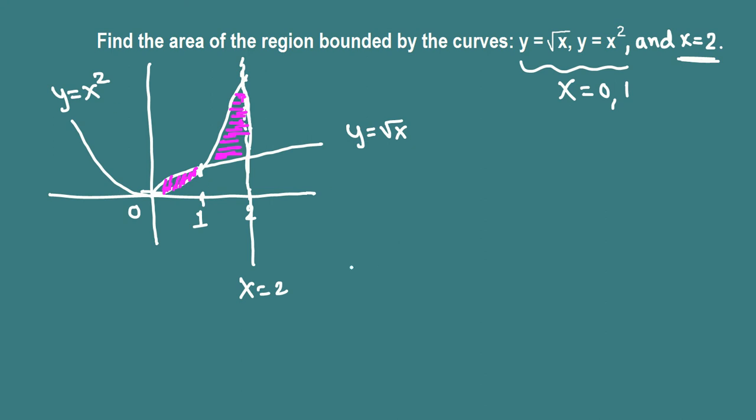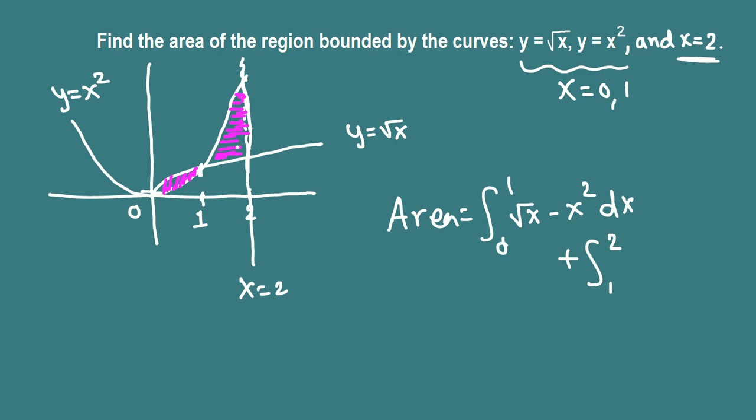Then we find the area in this way. First we go from 0 to 1, upper curve in this domain is square root of x, minus lower curve, which is y equals x squared, plus, now this area is from 1 to 2.